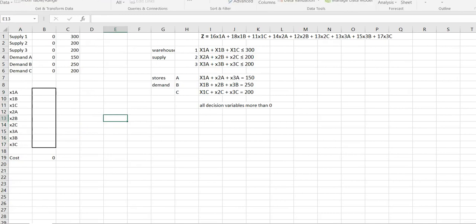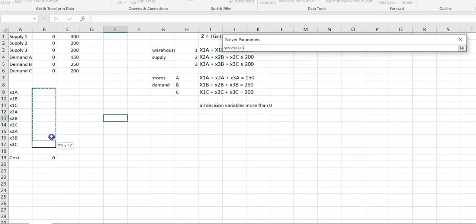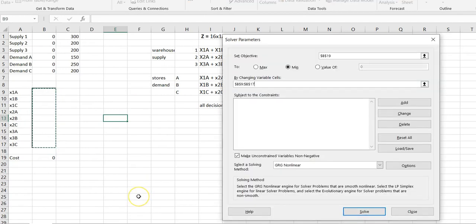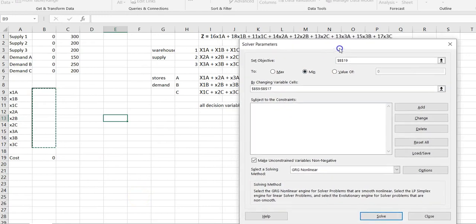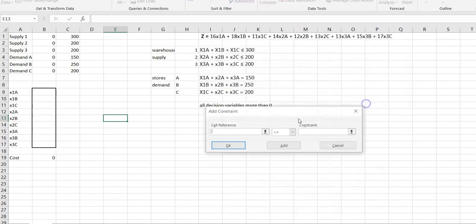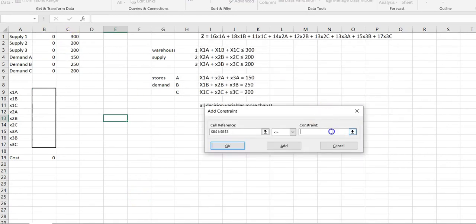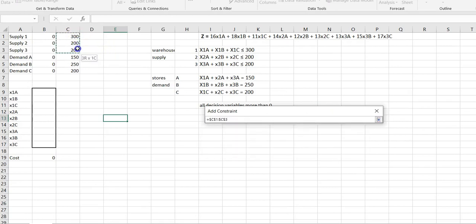Okay, now we're ready to go to data, solver. Our objective is in B19. Now this is cost, so we want to change it to minimum. Our decision variables are B9 to B17. Our first constraints are less than or equal to: 1, 2, 3 are less than 1, 2, 3.